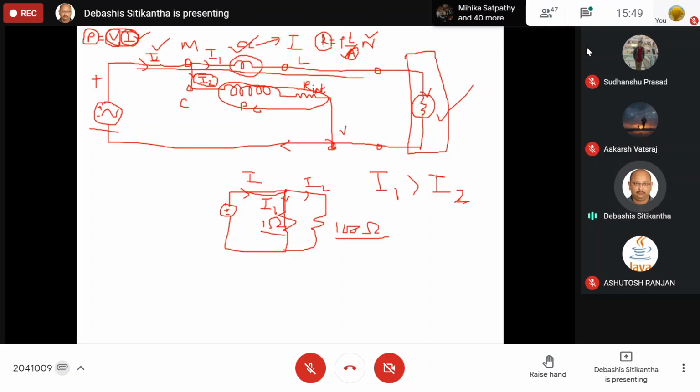In order to make it highly resistive, we use thin wires, so the value of A is small. Secondly, we use a large number of turns, so the value of N is high. In this way, the total resistance of the pressure coil is going to be high.